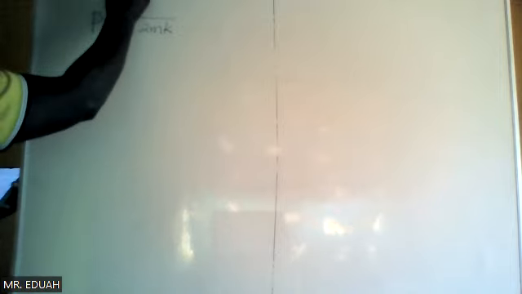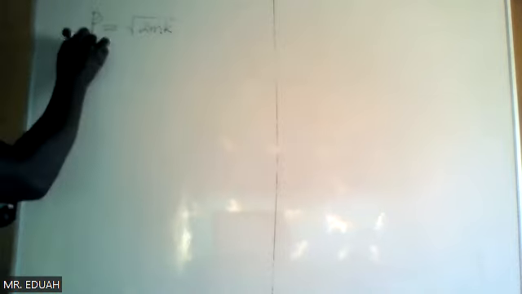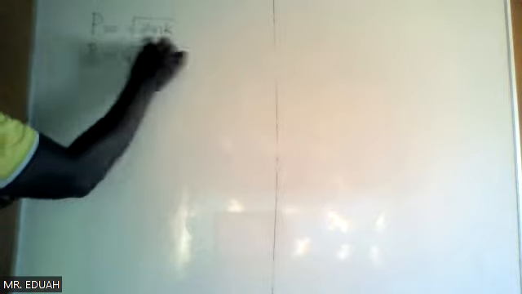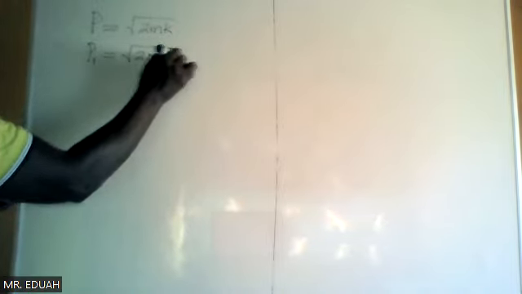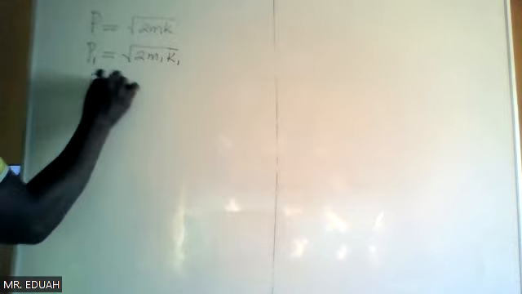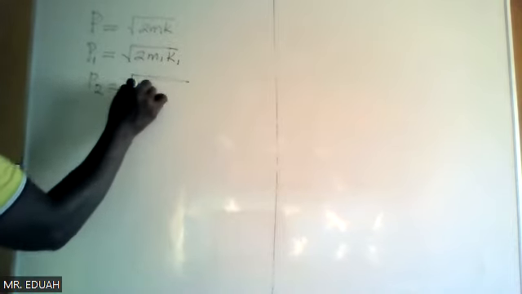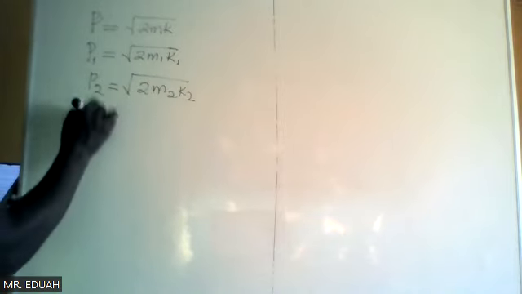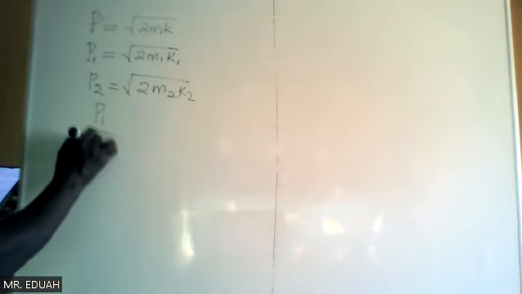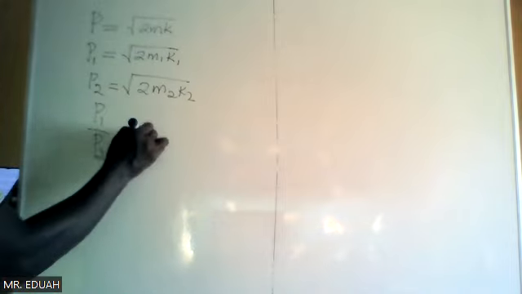This time the masses are m1 and m2. So P1, the momentum one, will be root of 2m1 k1. P2 is also root of 2m2 k2.